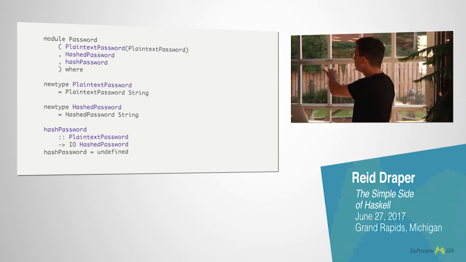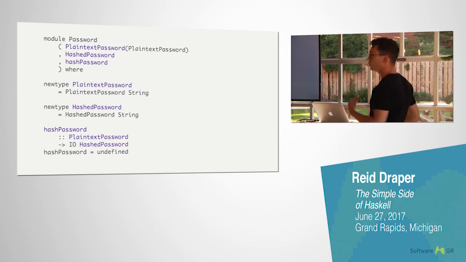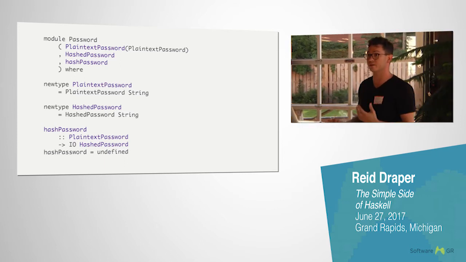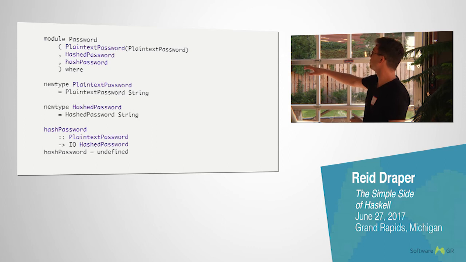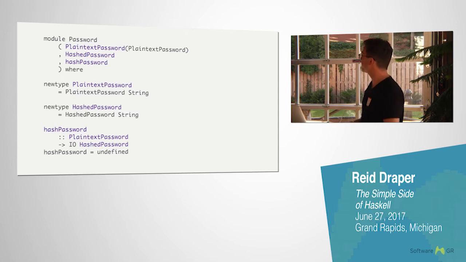The underlying representation of plain text password is string. And so if you want to create plain text password directly from a string, we're going to give you the constructor. Somewhat confusingly, it's also called plain text password.